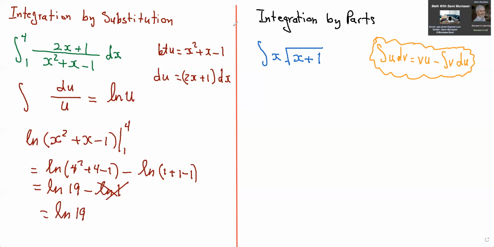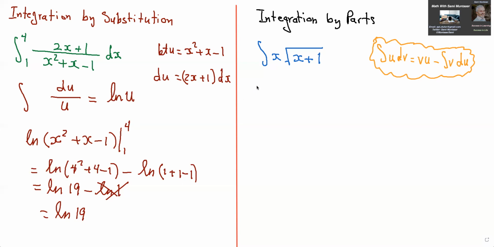Now we're going to go to integration by parts, which is a little bit more challenging than substitution. So the thing here is you want to identify two things. What you're integrating is u and dv, so you've got to call one of them u and one of them dv.